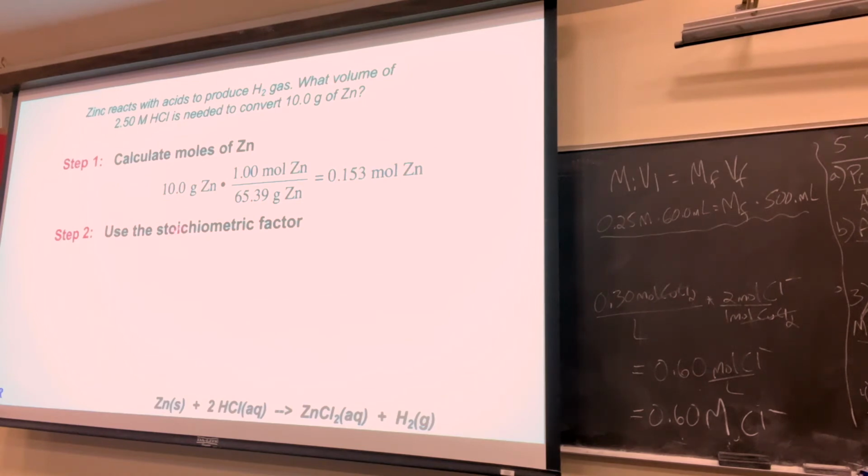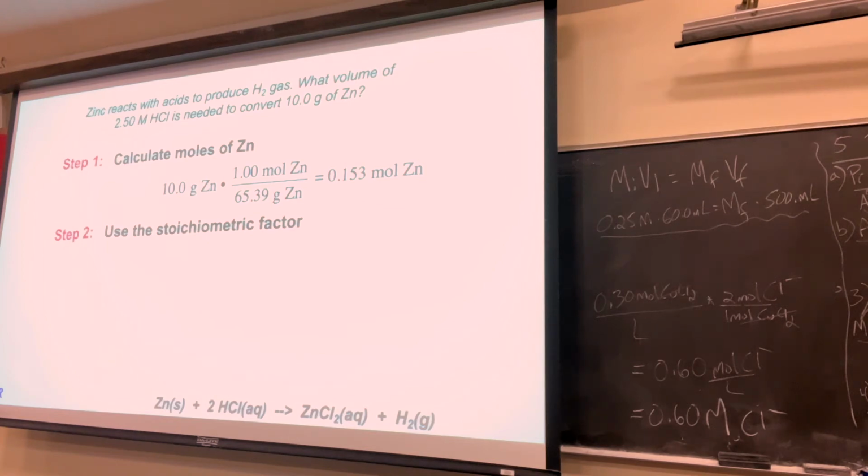So this is the grams to moles part of the grams to moles to moles. We just turned grams into moles. Now, we're after volume of HCl. So we're going to need a stoichiometric factor, which again is just the snobby way of saying moles of what we start with turned into moles of what we need.